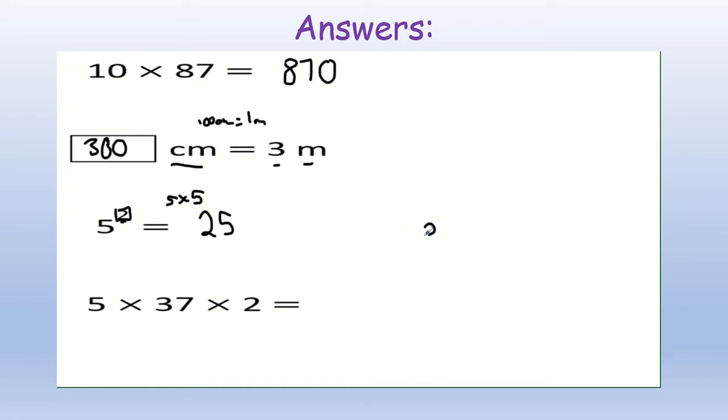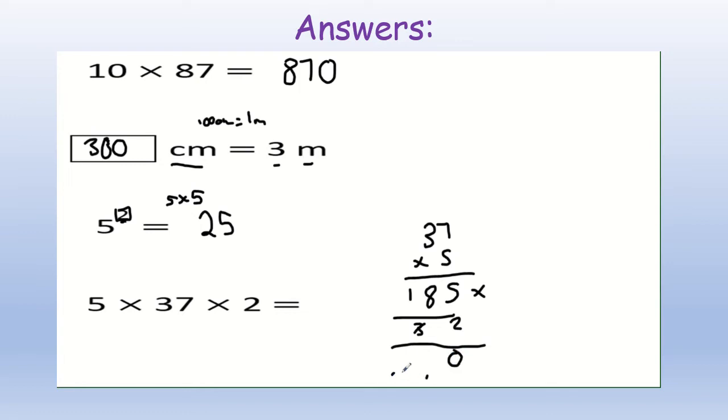So we'll do 37 times 5. 5 times 7 is 35. 5 times 3 is 15. Add a 3 gives us 18. And then we'll times that by 2. 2 times 5 is 10. 2 times 8 is 16.